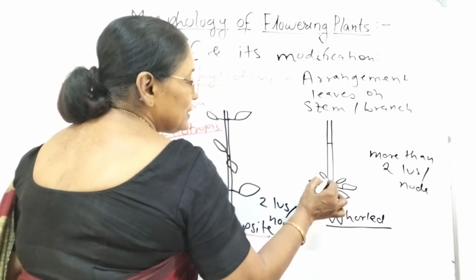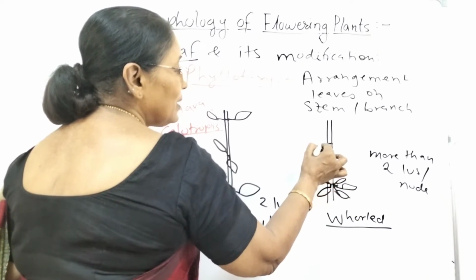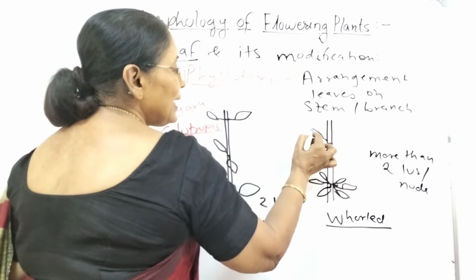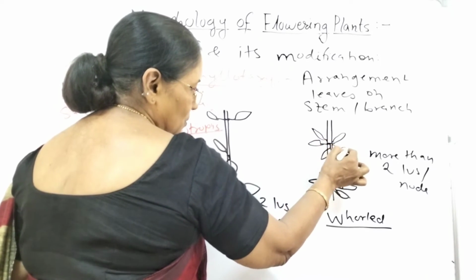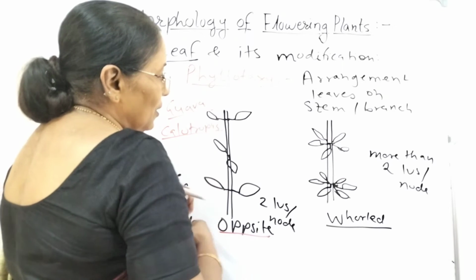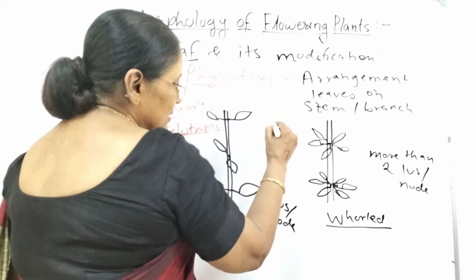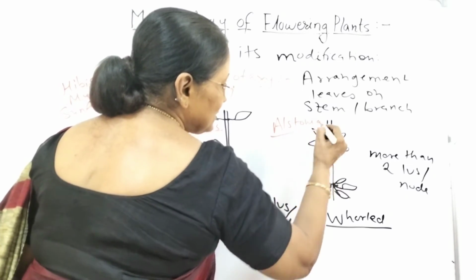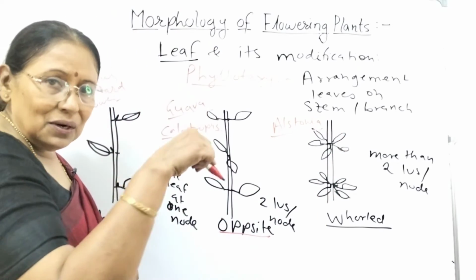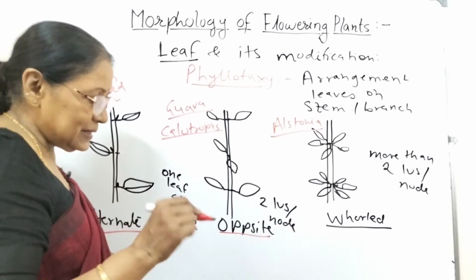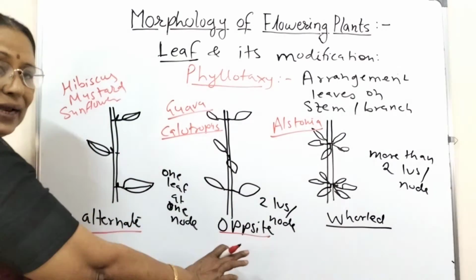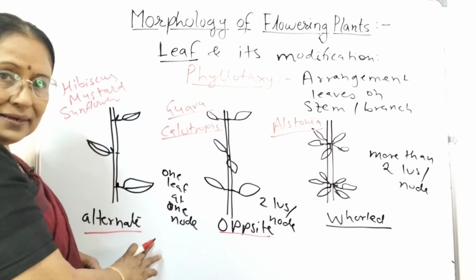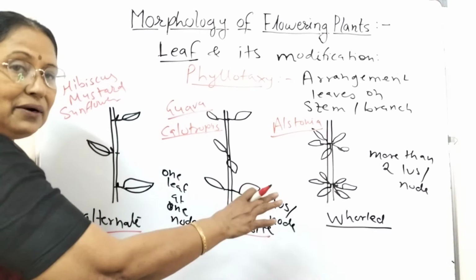So this is forming a whorl, giving a whorl appearance, and this is found in case of Alstonia. More than 2 leaves per node giving a whorl ring appearance. So there are 3 types of phyllotaxy: alternate, opposite and whorl.